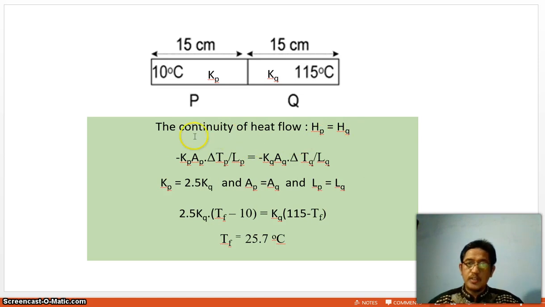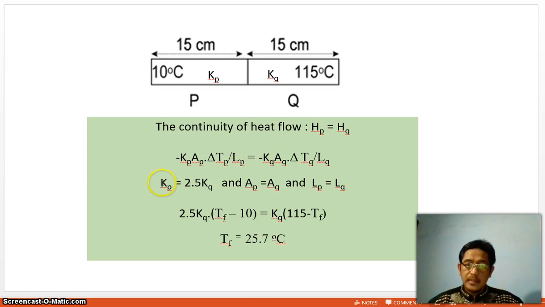If you put all those numbers in, we can equate the P side, minus Kp times Ap times delta Tp divided by Lp, with the Q side, minus KQ AQ delta TQ divided by LQ.